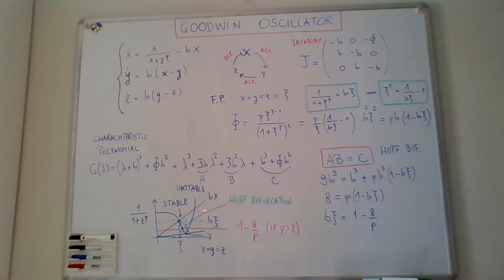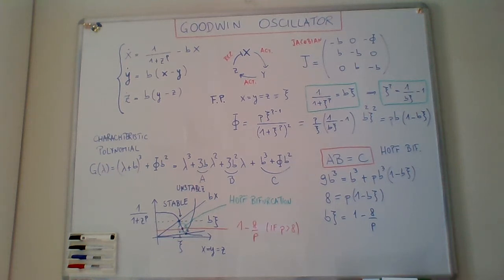If I do further analysis here, I see what happens to my eigenvalues. When I am above this point, I have stable eigenvalues. All the eigenvalues here have negative real parts, so my system is stable.